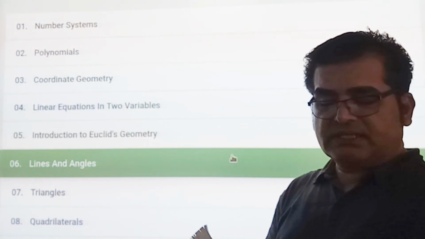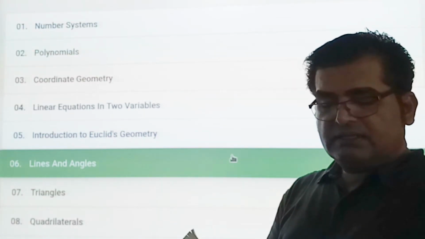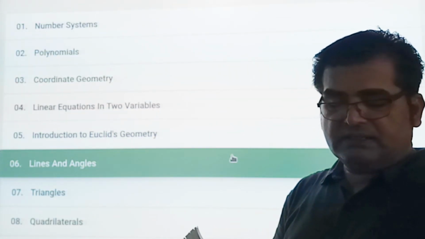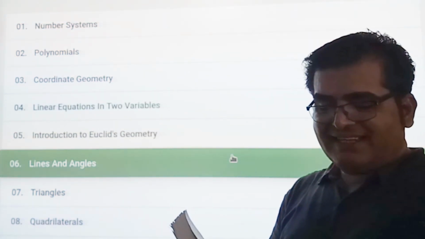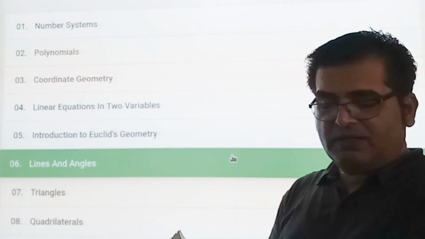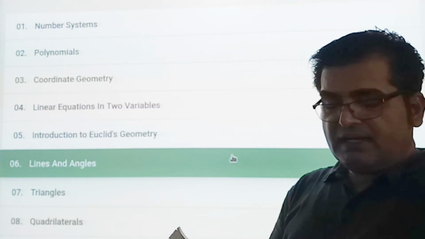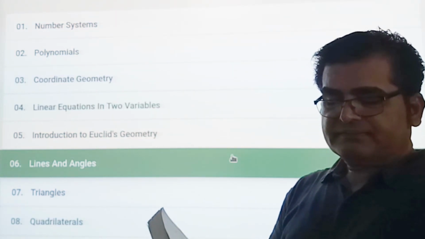Chapter 11 is construction. In construction, you will study basic construction, some constructions of triangles. Then chapter 12 is Heron's formula. In Heron's formula, you will study areas of triangle by Heron's formula, applications of Heron's formula, finding areas of quadrilateral.